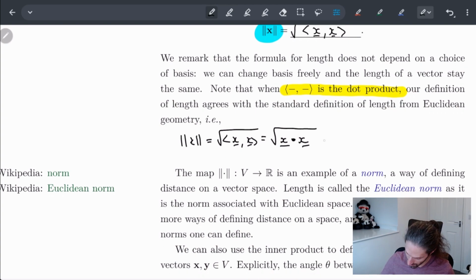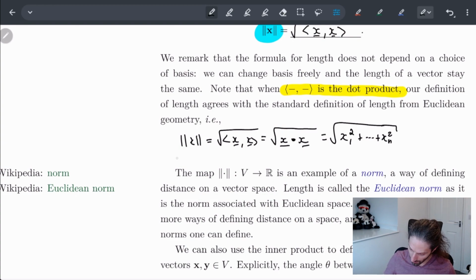And what is this? This is x1 times x1, so x1 squared, plus up to xn squared, right? So this is where this idea of length is coming from. It's basically taking the original dot product and extending it to an arbitrary inner product.